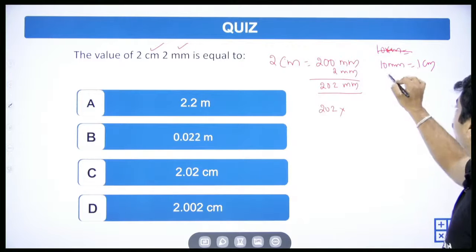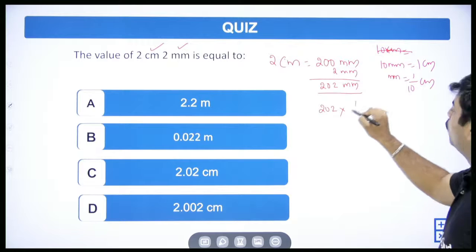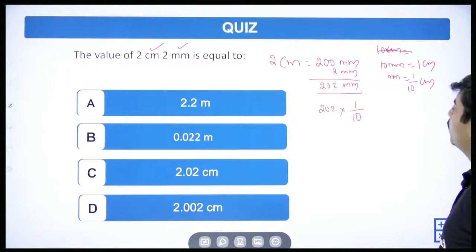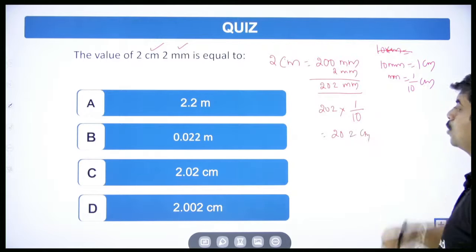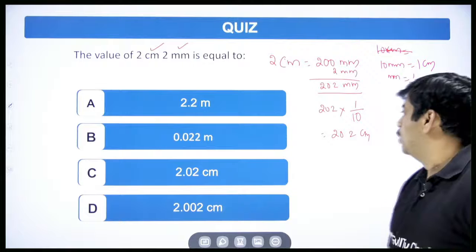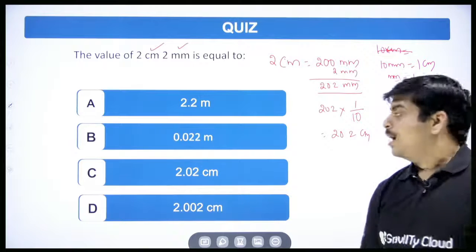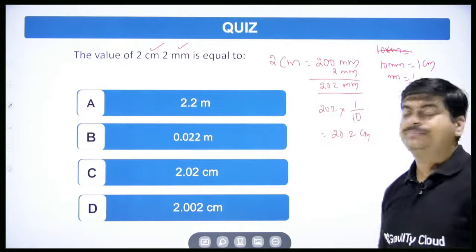So 1 mm will be equal to 1 by 10 centimeters. So that will give you 20.2 centimeters. Do we have this option? No, we still don't have 20.2 centimeters.